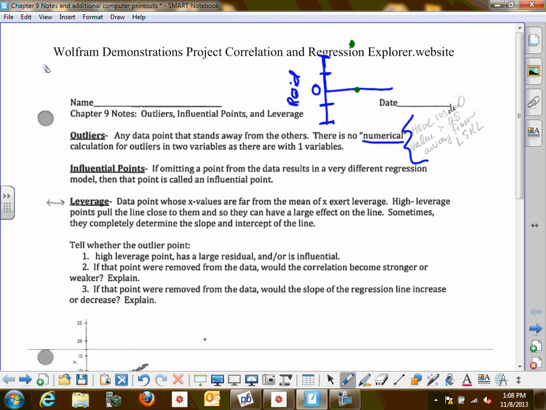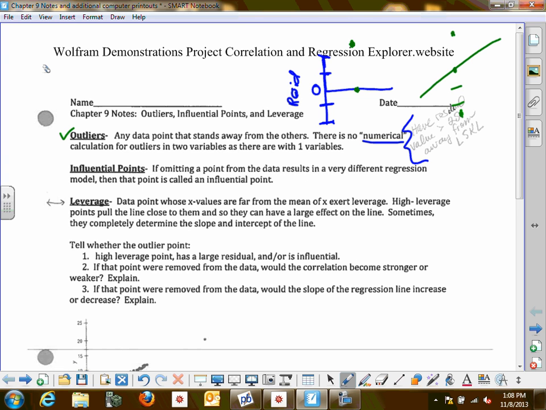More than two standard deviations away from predicted. So, in a sense, you're going to have an outlier if it's way here or here, okay, because it's, in a sense, more than two standard deviations away from the prediction line. Okay, so that's what's happening for the definition of outlier.